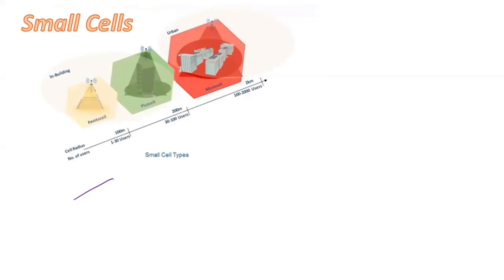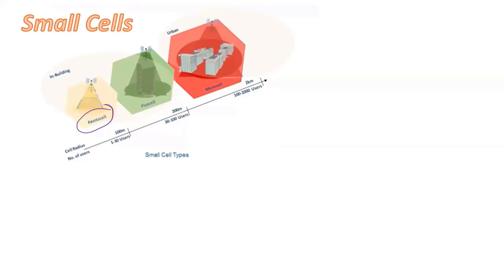Small cells can be femtocells. A femtocell is the smallest type of small cell that covers a radius of around 10 to 100 meters and can be used in home networks. In what scenario can it be used? In scenarios where a person has access to high-speed broadband, a femtocell can be installed. The femtocell transforms a high-speed broadband connection into a cellular service, and that can be used to make phone calls and send and receive SMS messages, right?